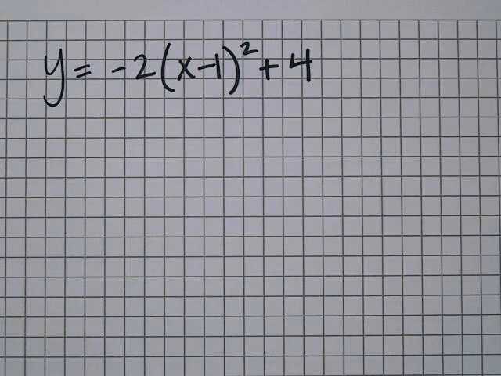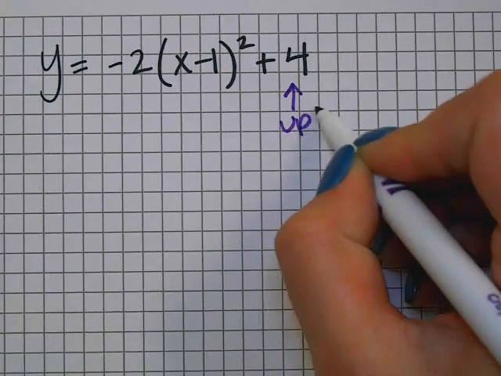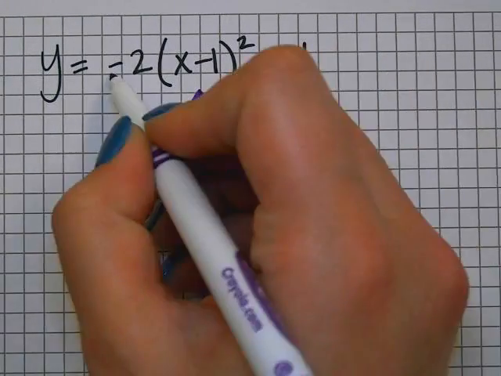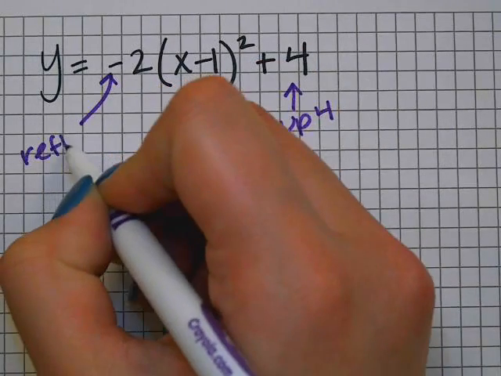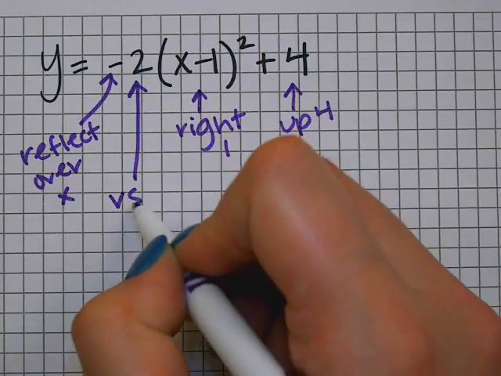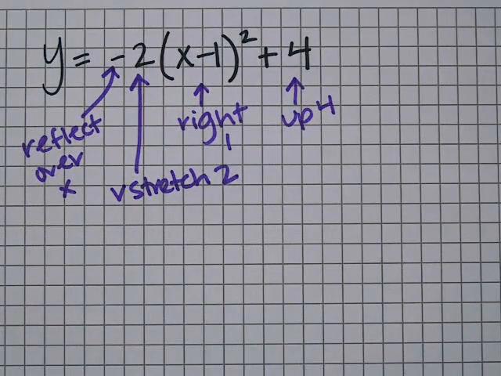Okay, so what are the transformations? Okay, so you should be writing all of that on your graph paper because we're doing some extra notes since the notes last night were silent.